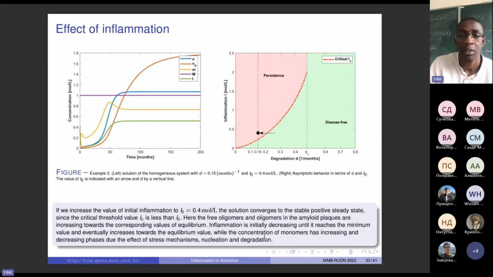And here we see that the concentration of monomer has two phases, an increasing phase and a decreasing phase, and then it becomes stable, right?